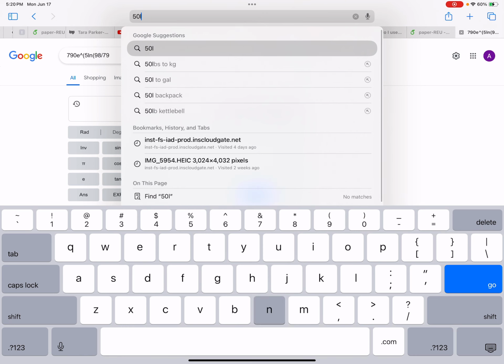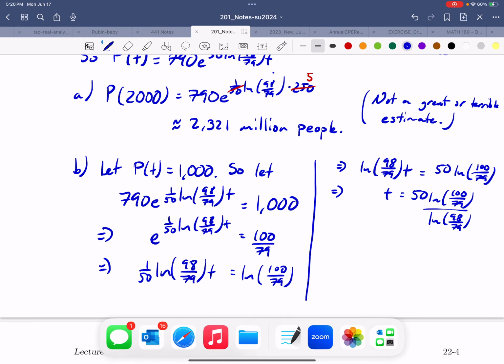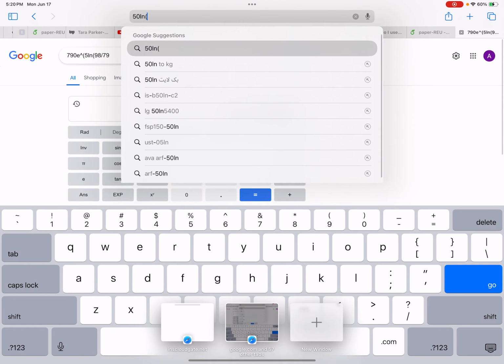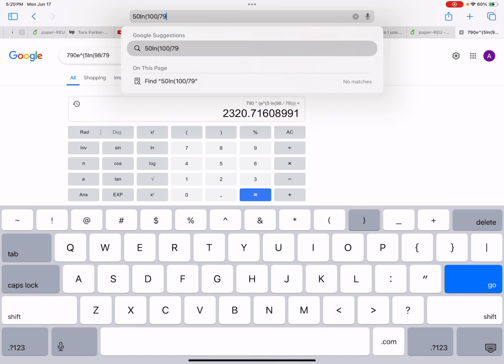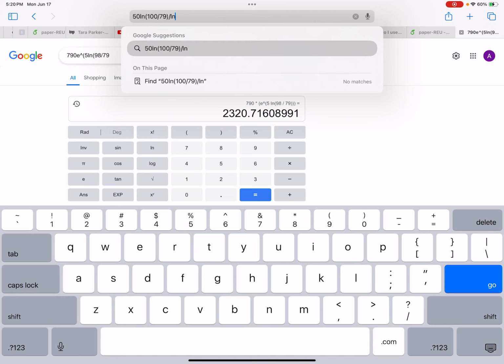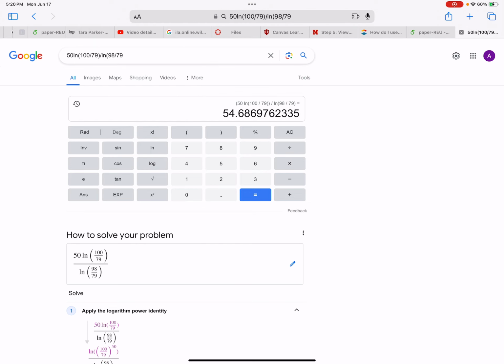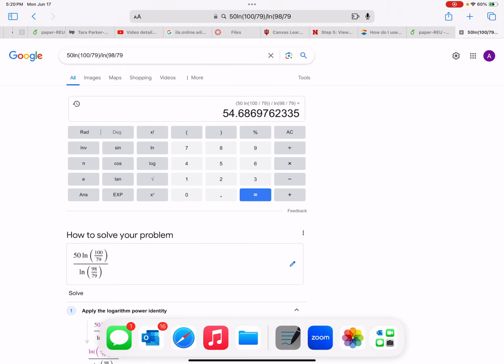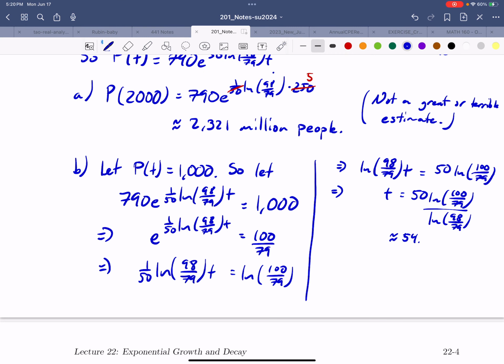We have 50 ln of 100/79, divided by ln of 98/79. Let's see what that gives us. 54.68, okay? 54.7 or so.